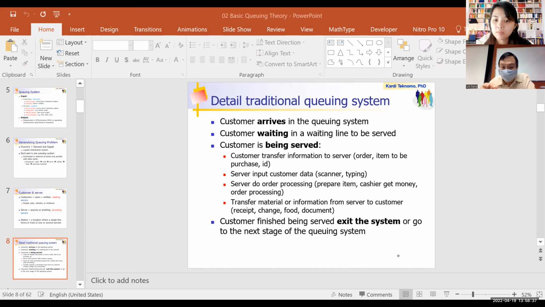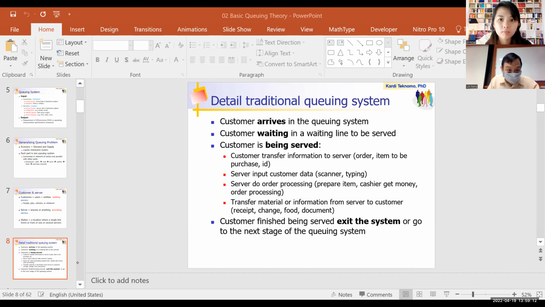And next, the server will input that customer data using scanner, typing, and so on, cash register, and then the server will do the order processing, maybe preparing the food, cashier gets the money and so on. And then there's a transfer of material or information from the server to the customer. So, for example, the receipt, the change, the food itself, right? Or the document, right? So this is the traditional queuing system.